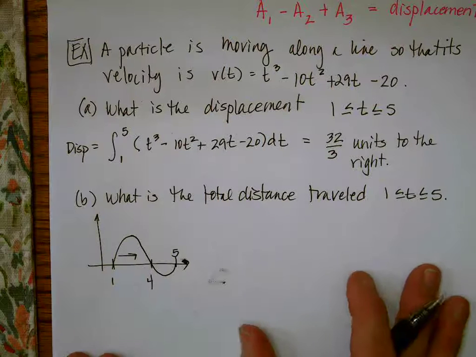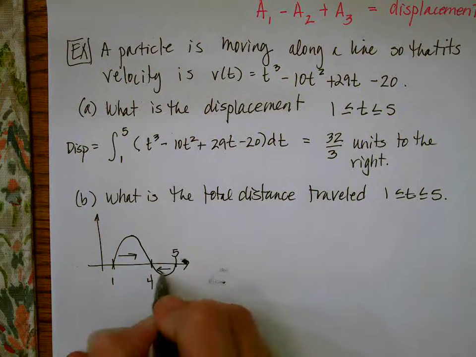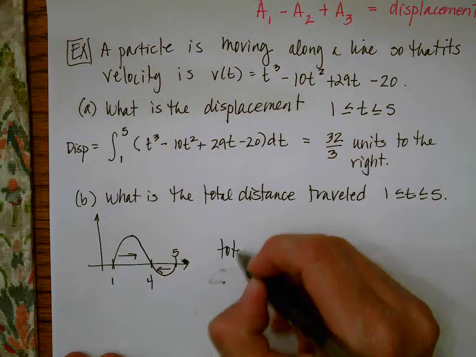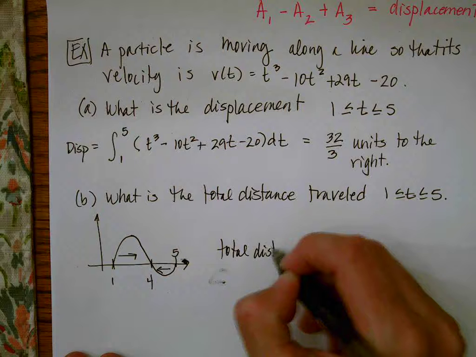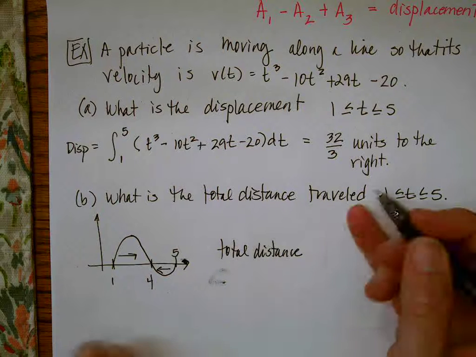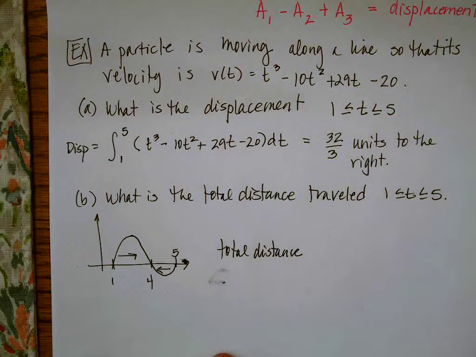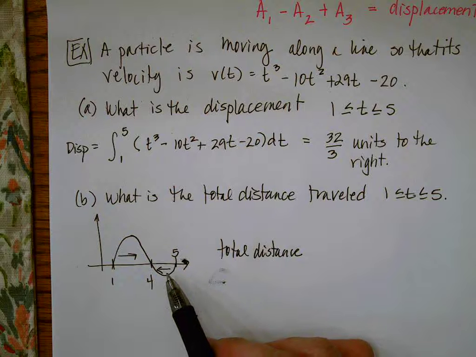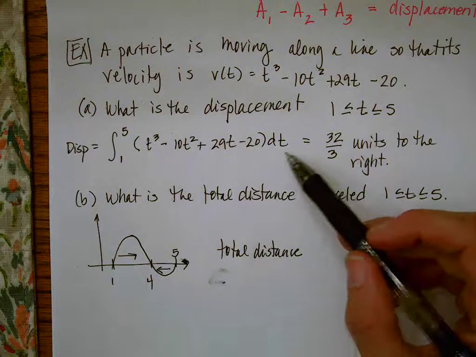Notice that at this point, because I have a positive area, I'm moving to the right. And notice that I have a negative area, so I'm moving to the left. So my total distance, okay, and I'm going to integrate it from piece to piece to make sure that I get where I'm going.